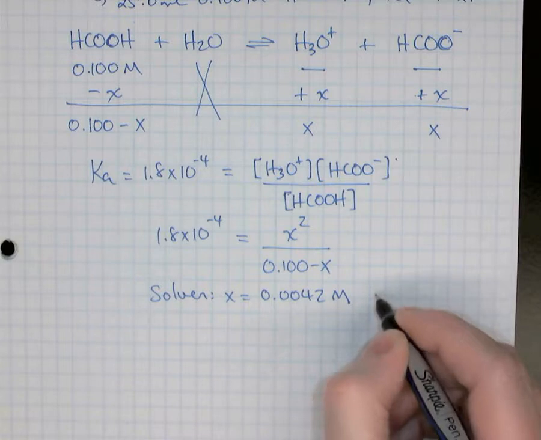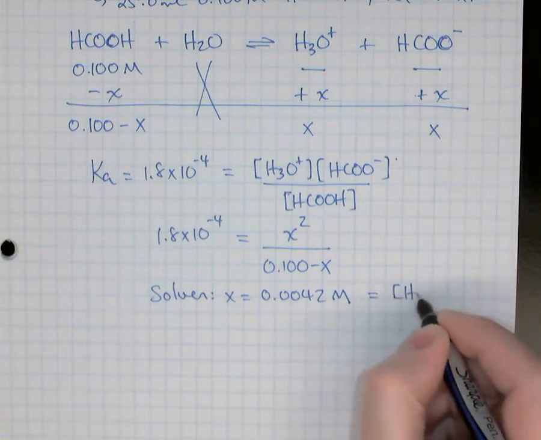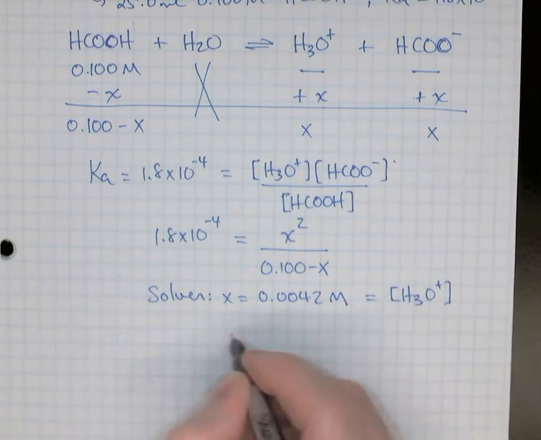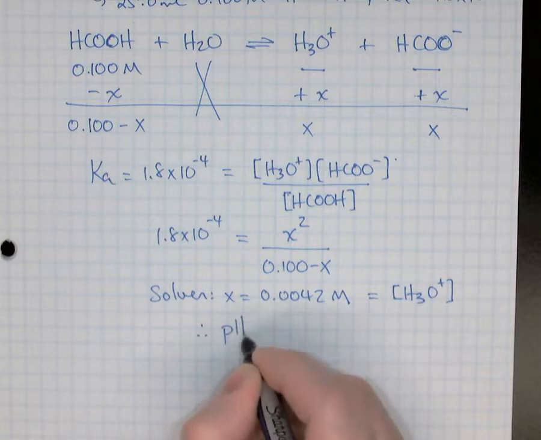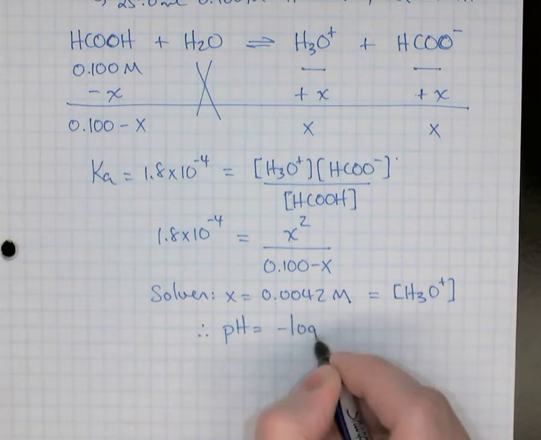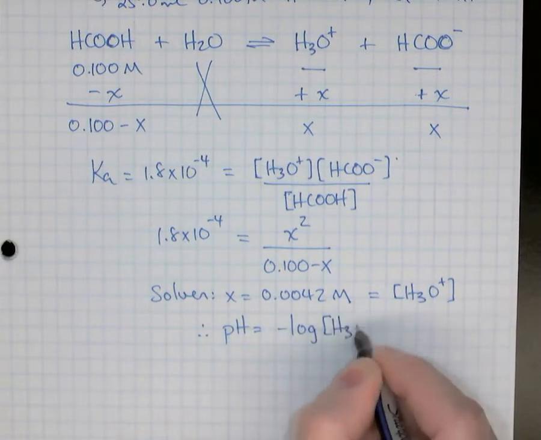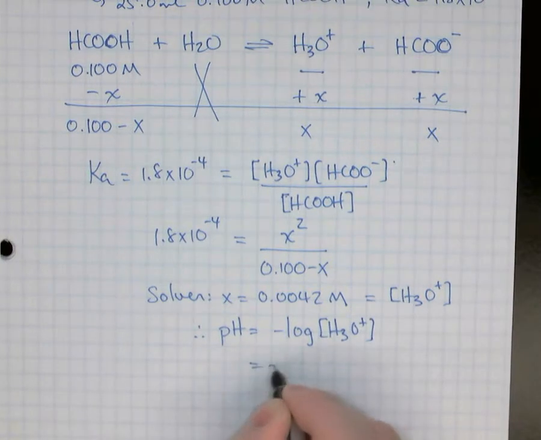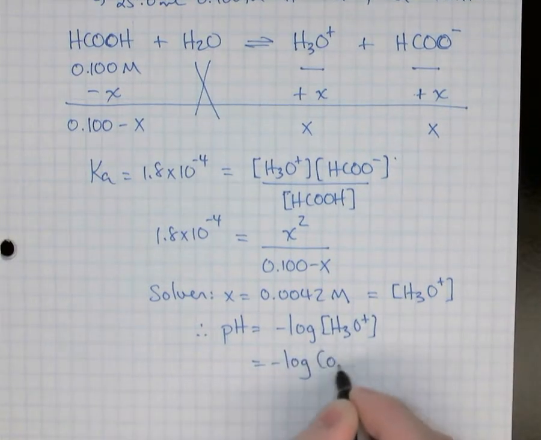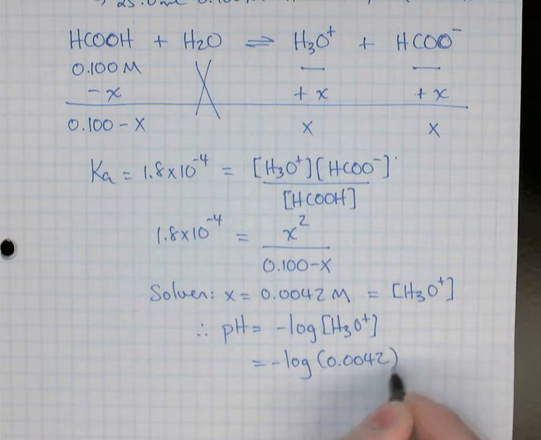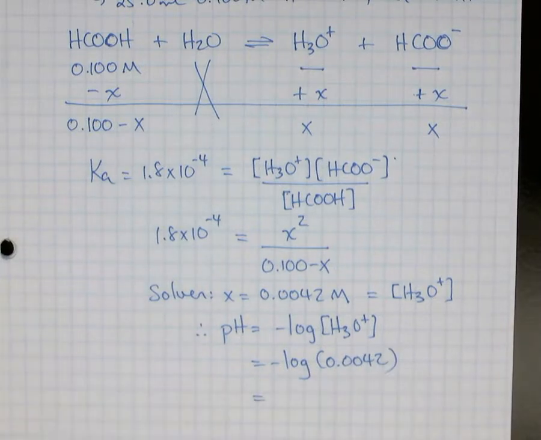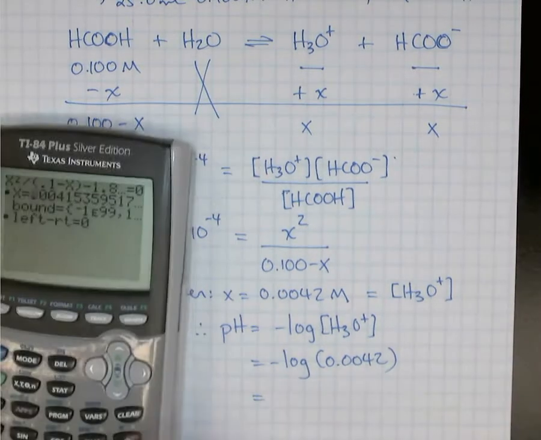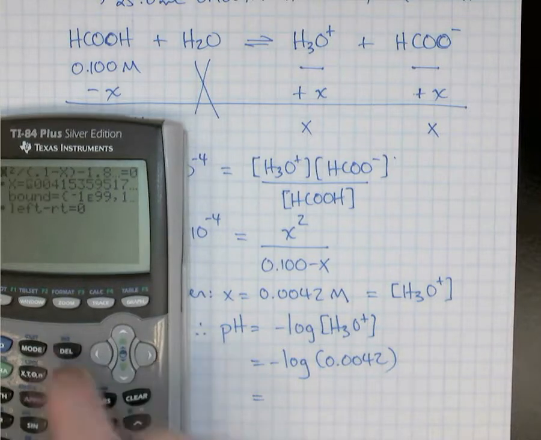So from the solver, X equals 0.0042 molarity, which is the hydronium concentration. Therefore, your pH is negative log of the hydronium concentration, negative log 0.0042, and our pH is going to start off small because there's an acid present.